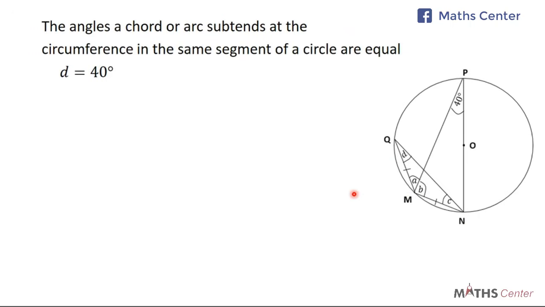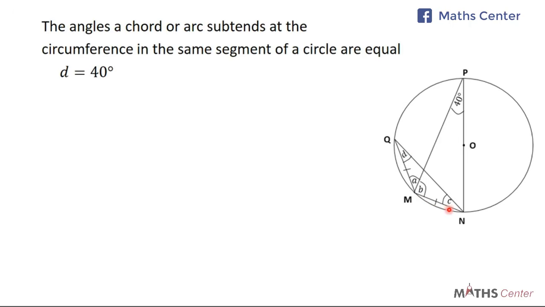Let's recall some properties that will help us. We know that the angles a chord or an arc subtends at the circumference in the same segment of a circle are equal. What this means is that MN subtends this angle 40 degrees at the circumference at this point P, and the same MN also subtends this angle at point Q, and that angle is D. We know that if the chord is the same, the angles it subtends at the circumference in the same segment will also be equal.